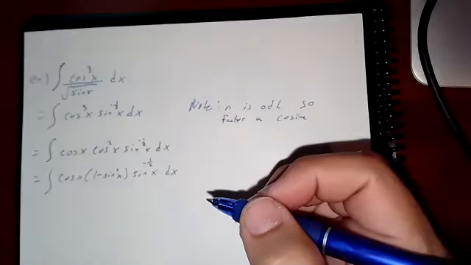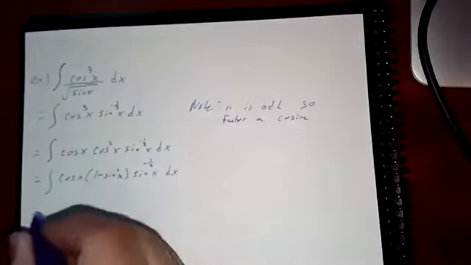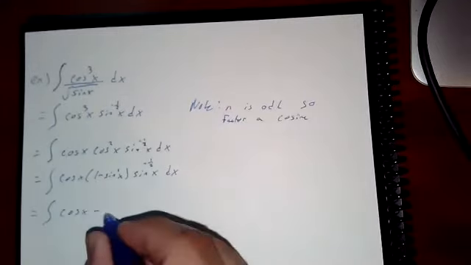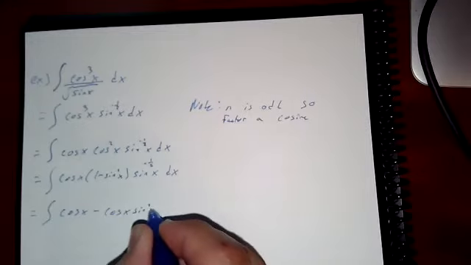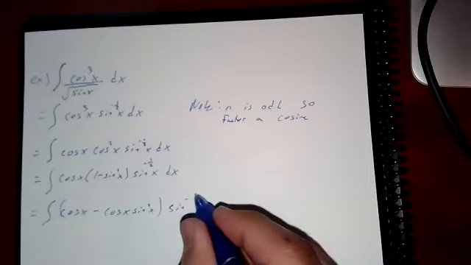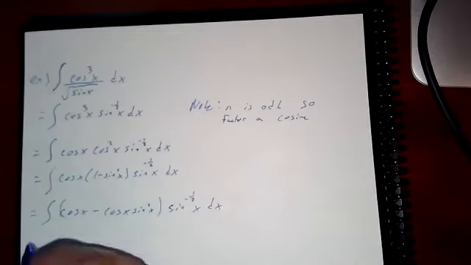We will try the same thing again and FOIL it out and see if we can do a u sub. See if this helped us. So we get cosine x minus cosine x sine squared x times the sine to the negative half. See if this works.